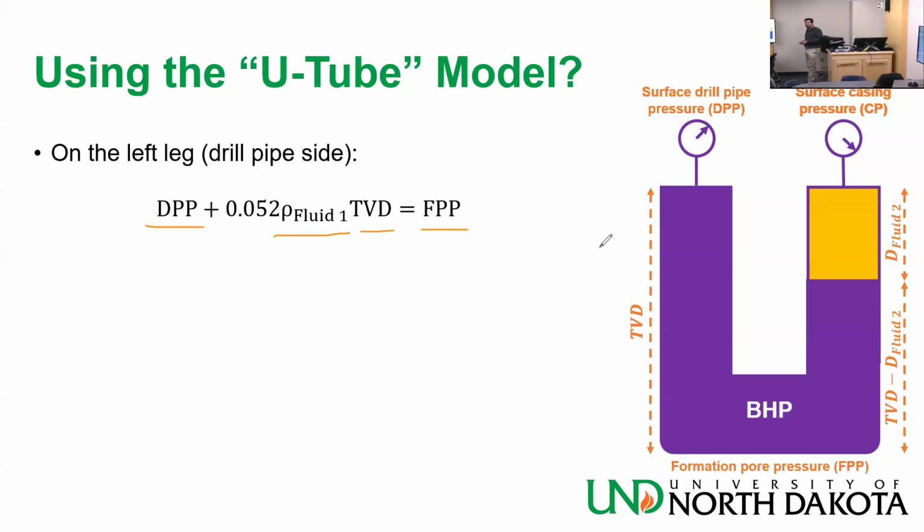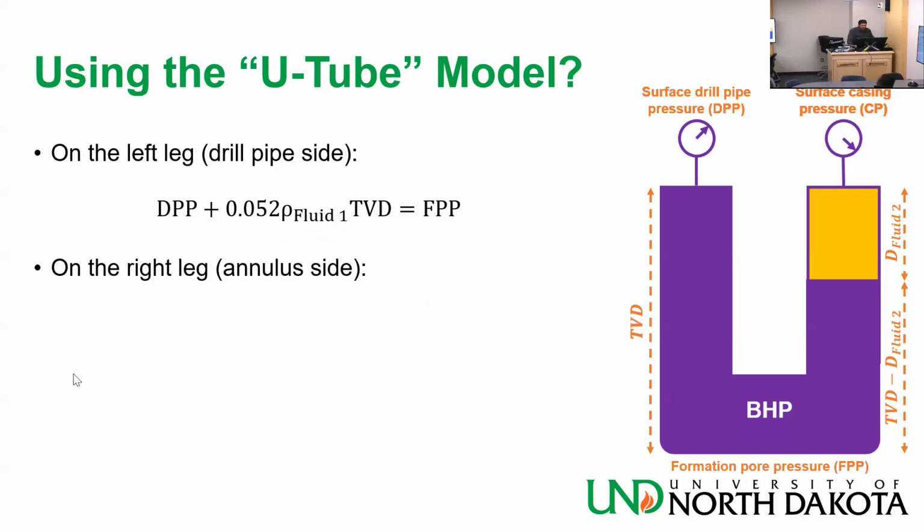It's what they gave me, like the mud window. I don't know if it's correct or not. It might be a little bit wrong. But I can know my BHP very, very accurately. If that is equal to FPP, I'm good. If not, I'm in trouble.